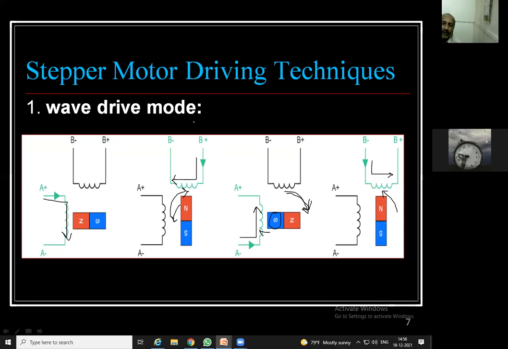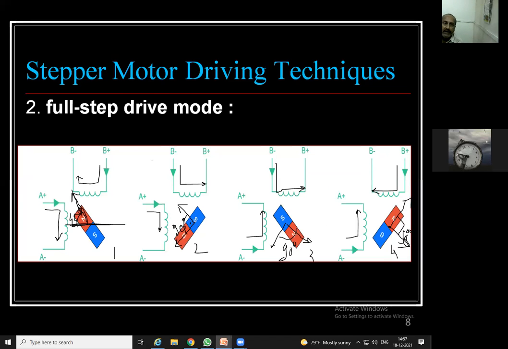In wave drive also 4 steps and 90 degree angle, because if you observe, this is horizontal, this is vertical, so that is 90 degree; this is vertical, and this is again horizontal opposite, so it is also 90 degree, and once again it is vertical in the opposite one, that is also 90 degree.